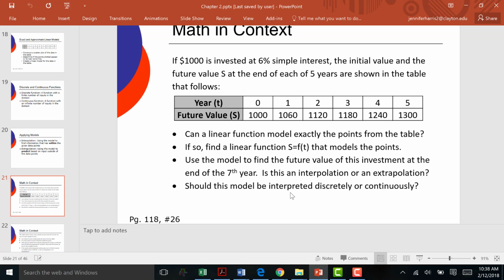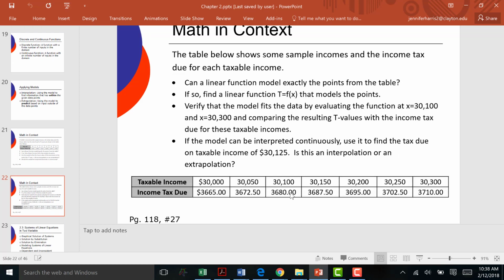All righty, let's look at the next one. Last one for this one. Can a linear function model this data exactly from the table? And I don't want you to put this in decimals because it's too much to type, but I want us to get an idea. So here, can the function be modeled exactly? All right, somebody use a calculator.